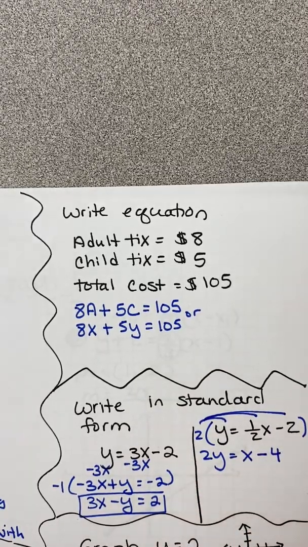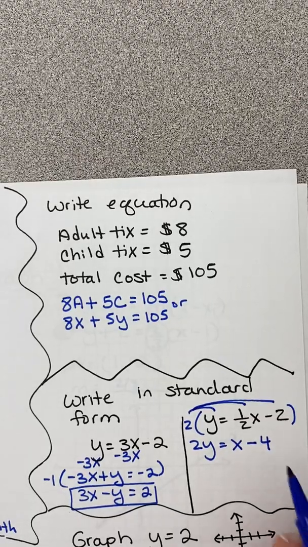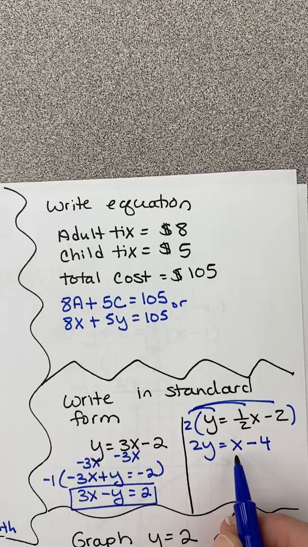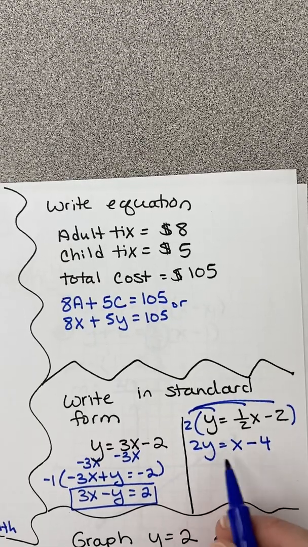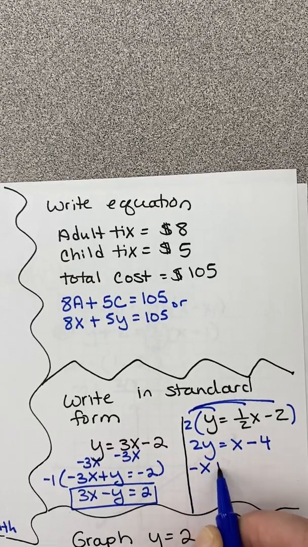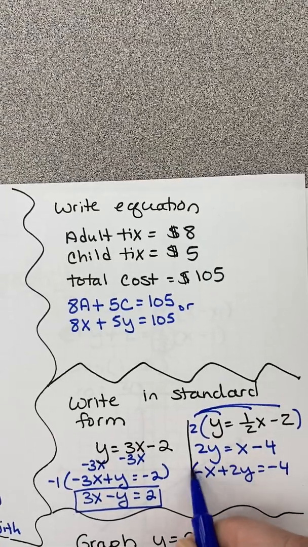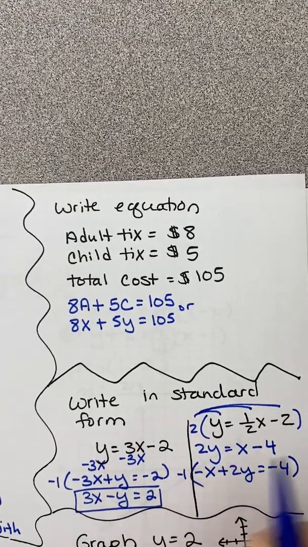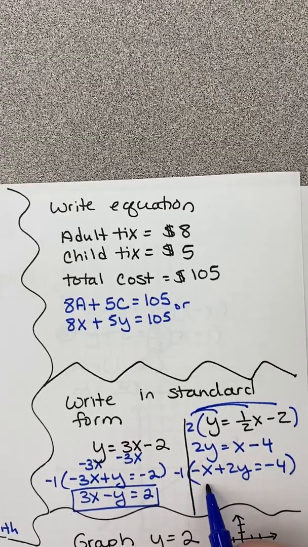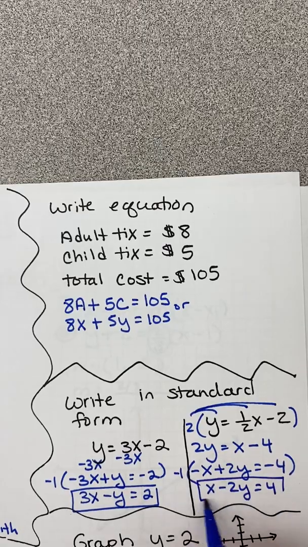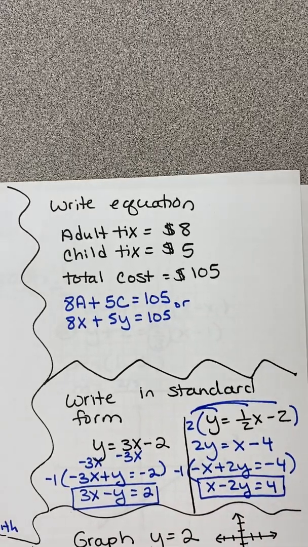If this was slope-intercept form, I would divide by 2, but it says standard form, so now I'm gonna have to put everything in the right place. I'm gonna subtract x from both sides. So now I have negative x plus 2y equals negative 4. Can't have an a being negative, doesn't matter if anything else is negative, but not a. So I divide everything by negative 1, which basically just changes the signs of everything. And now that is in standard form.